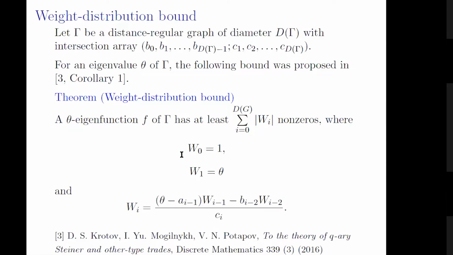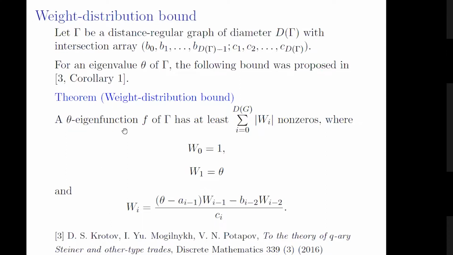Let us discuss the weight distribution bound. Let gamma be a distance regular graph of diameter d with the following intersection array. For an eigenvalue theta of gamma, the following bound was proposed in reference 3, corollary 1.